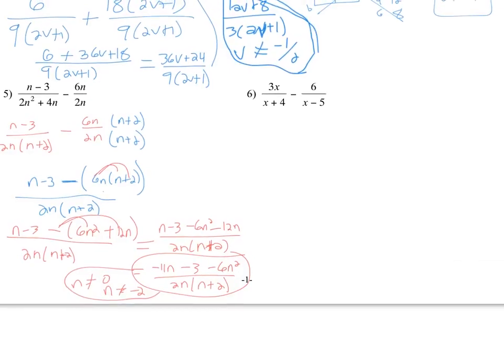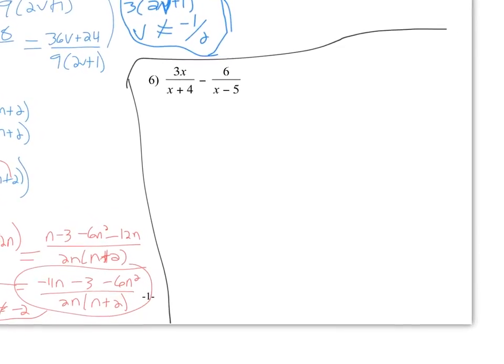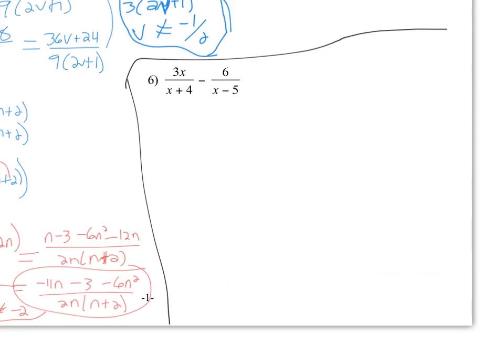I'm going to put up a big divider here so that I don't have to deal with any of that stuff, and we can even run off the page if we have to. So, again, it's another subtraction problem. I've got to get the denominators the same.